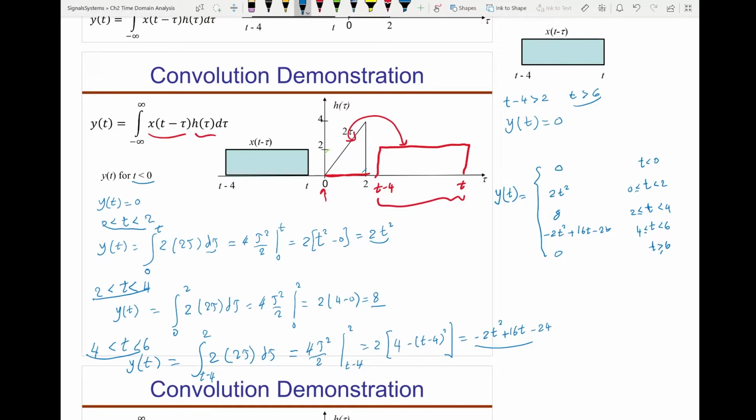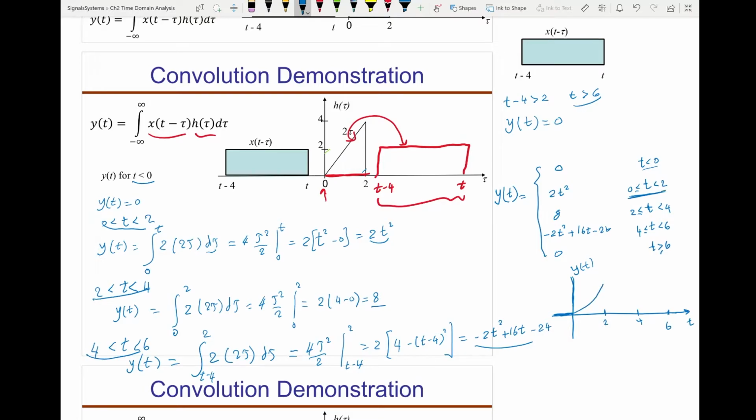Sometimes when you are done solving the problem, it's good to see if it makes sense. If I try to plot the output, let's say this is 4, this is 6, this is t, and this is y of t. For t less than 0, it is 0, so that's this one. For t between 0 and 2, it's 2t squared, so it's going to look something like this.